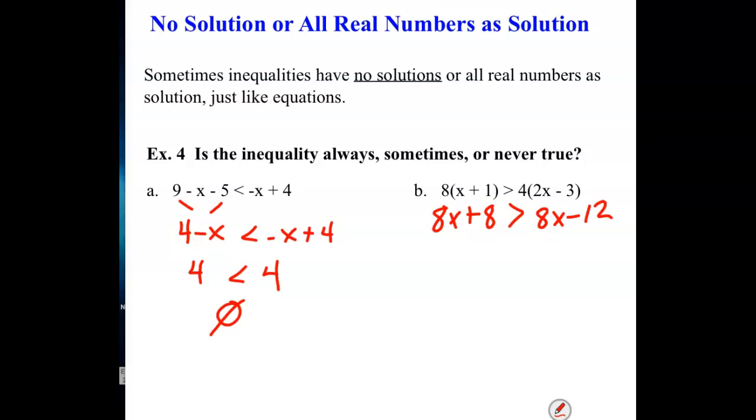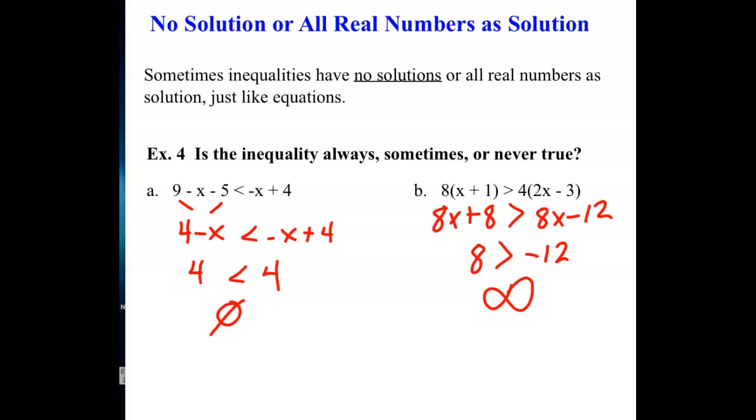The 8x's would disappear. I'm left with 8 greater than negative 12. Is 8 greater than negative 12? Yes. So this is a true statement. We'd say there's infinitely many solutions. All real numbers are going to work in that. Okay?